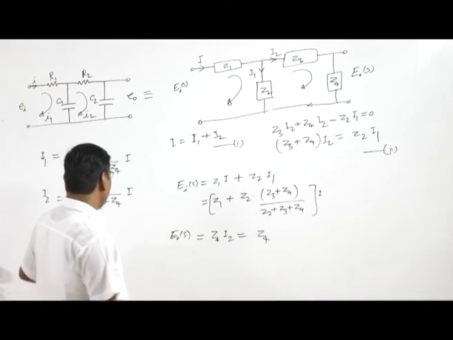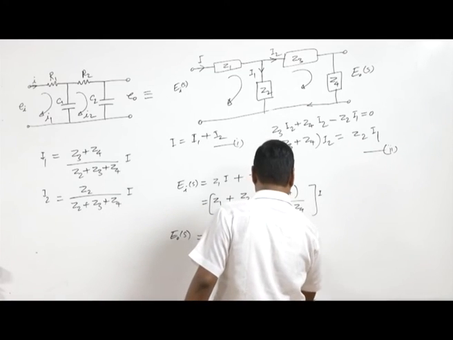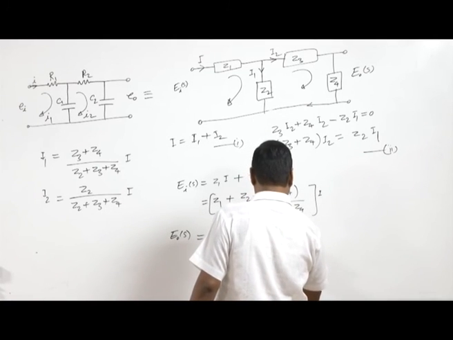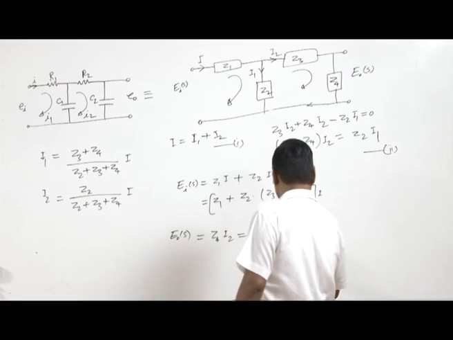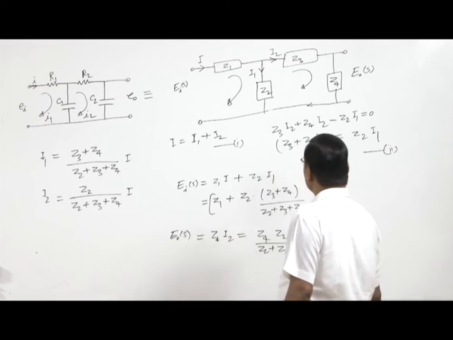So here Z4 into Z2 upon (Z2 plus Z3 plus Z4) into I.